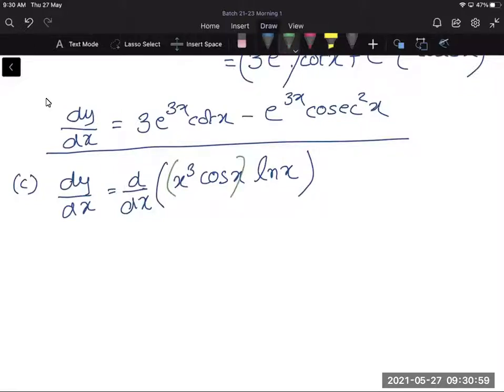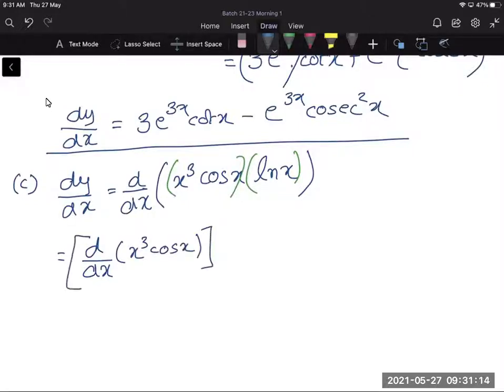You take this guy as 1, you take this guy as 1. So this gives you d by dx of x cubed cosine x into ln x plus x cubed cosine x into d by dx of ln x.